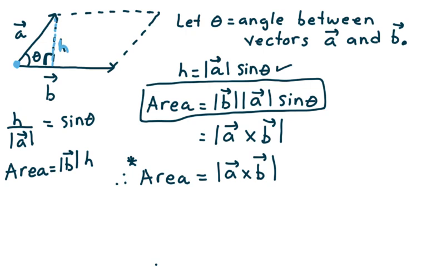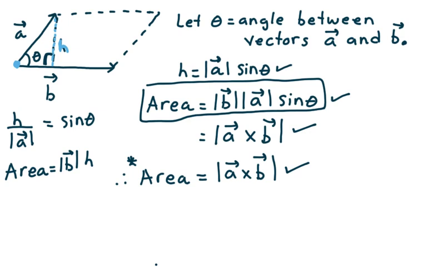And so, again, the area is the magnitude of B times the magnitude of A times sine of theta. So it comes directly out of the area formula for a parallelogram. And we proved, the very first theorem, that that's actually equal to the magnitude of A cross B. And so the area of a parallelogram, that I'm putting a star by, that we absolutely have to know is the magnitude of A cross B.